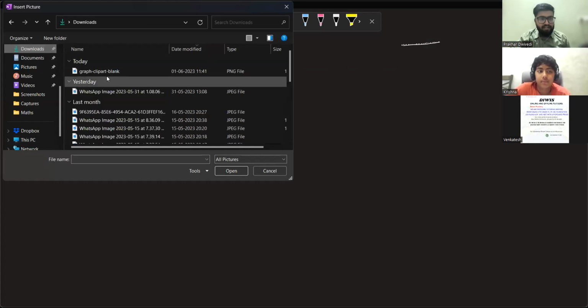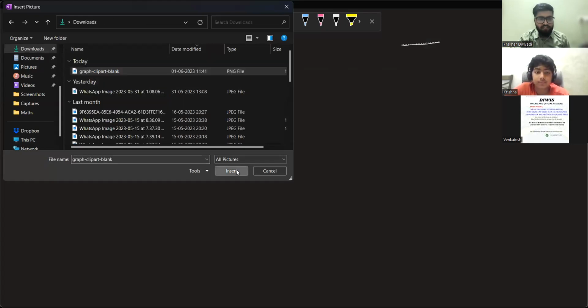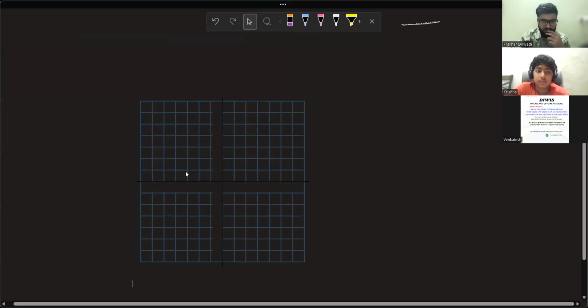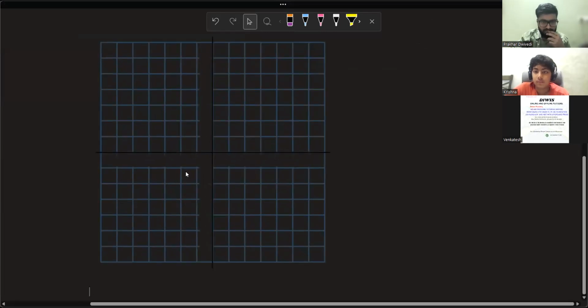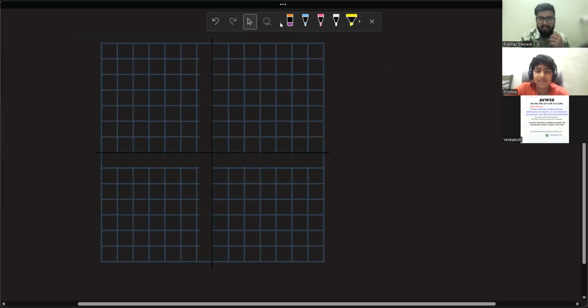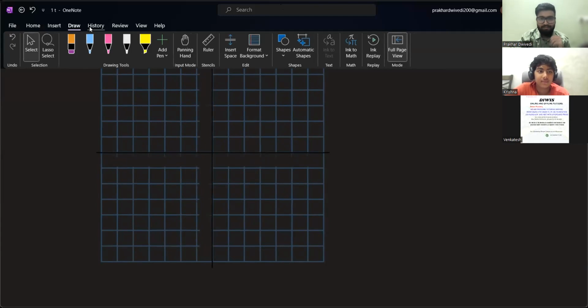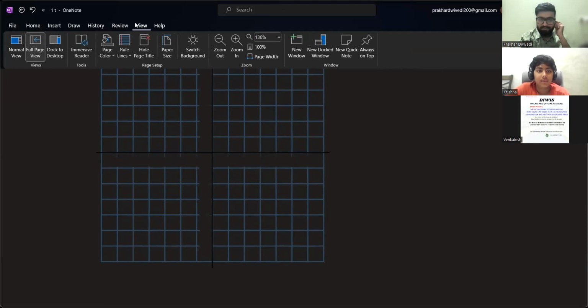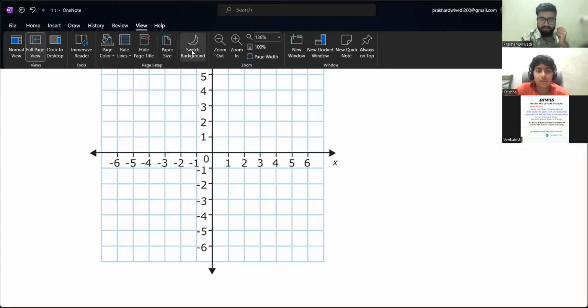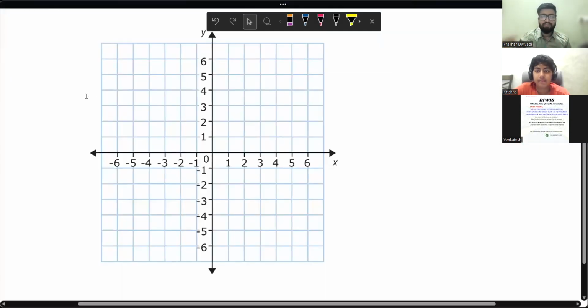Okay, cotton graph. No problem. If it will not work, then we will make the graph. It's looking for a better one. Okay, now it seems to be good.